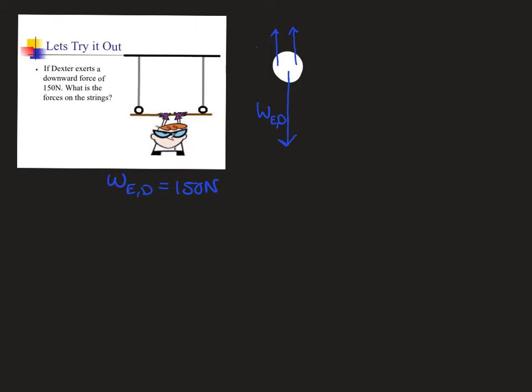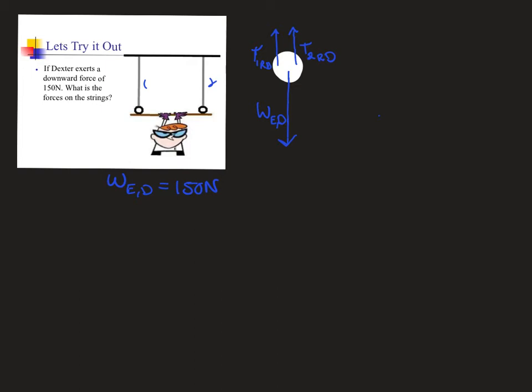Now, what we have here is a tension, and we can even say T1 and T2. Are there any other forces acting on Dexter after we have the tensions of the rope acting on Dexter in this free body diagram?